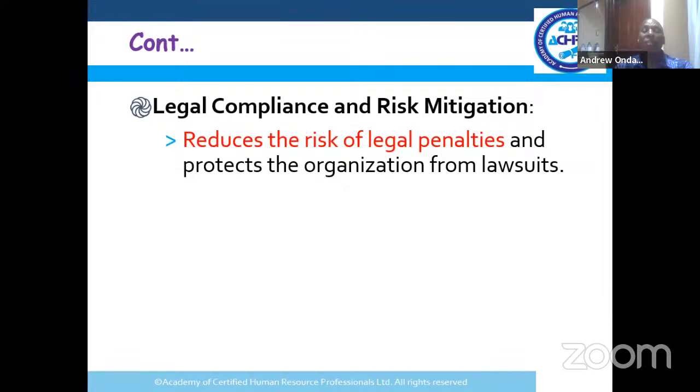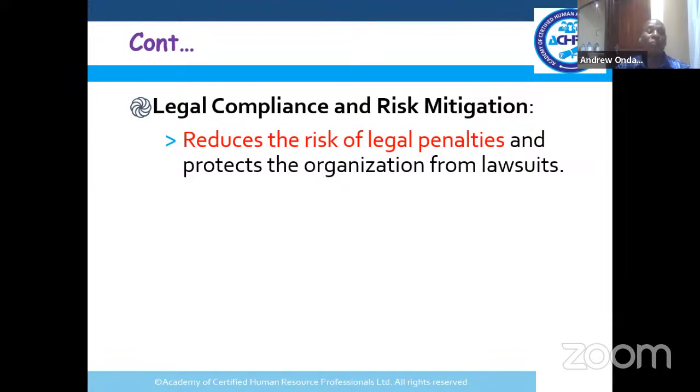So if we have selfish interests, then we are not promoting our professionalism in this area. And the third approach to cutting costs: how do we ensure that we are reducing cost without hurting the organization?